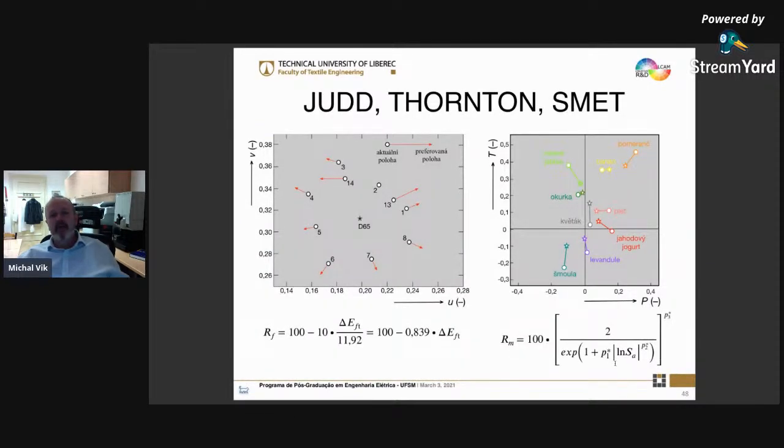A similar philosophy is the basis of the Judd, Thornton, and Smet indices. All of these indices show us that people mostly prefer saturated colors. And that is also a reason why, for example, present-day smartphones or tablets use this philosophy for representation when capturing a picture.